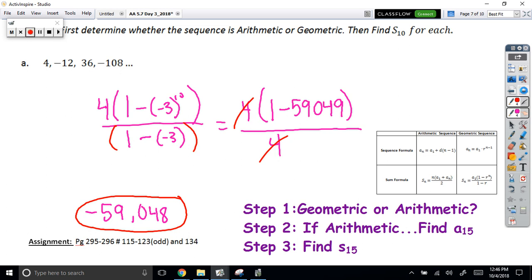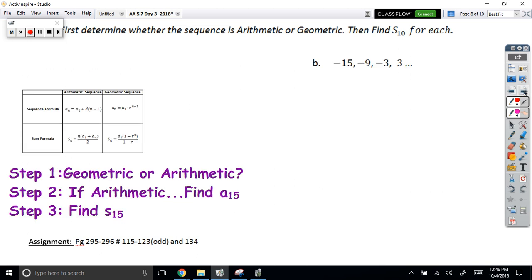Which type of sequence did you pick for B? Arithmetic or geometric? Arithmetic, the long one. Do you want me to go over it? Yeah. So again, for arithmetic, you have to do both formulas because A sub n is found by doing the first formula.